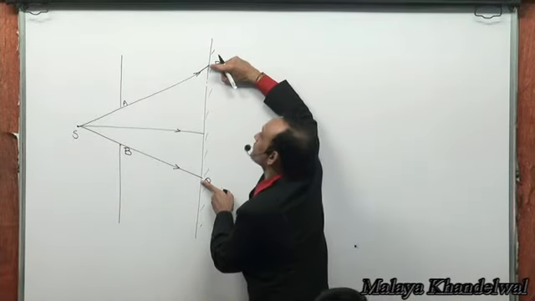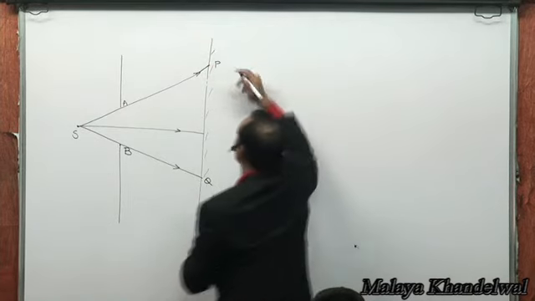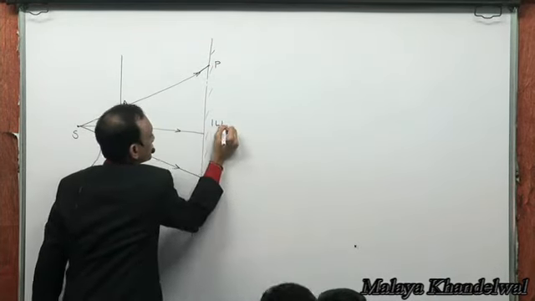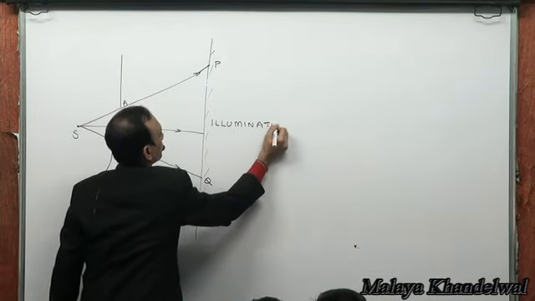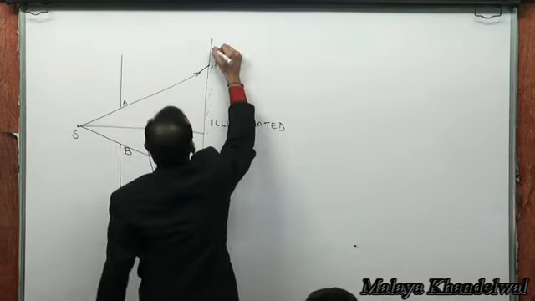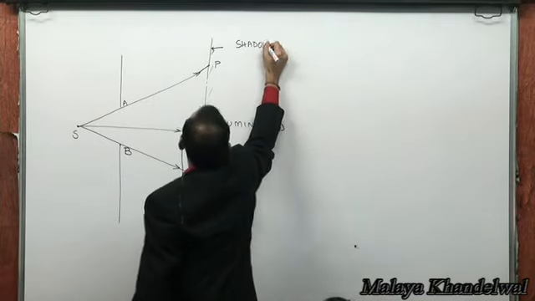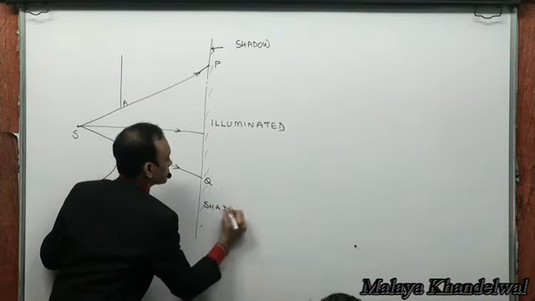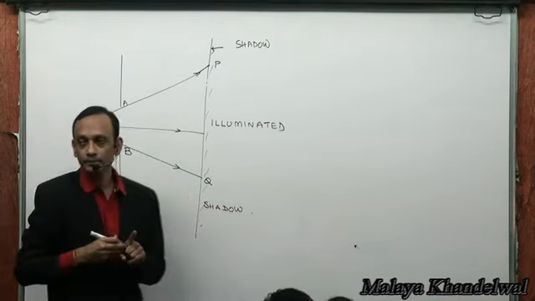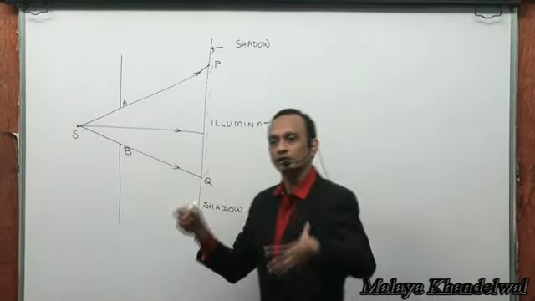This portion of the screen will be illuminated, whereas you would see a shadow here and a shadow here. So there is a portion of illumination, there is a portion of shadow.